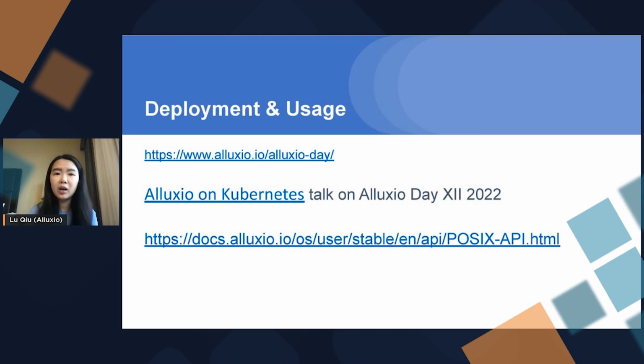There we have many talks about how to use the Alluxio POSIX API, how to deploy Alluxio on Kubernetes, and all the other related talks about how to accelerate your compute jobs, your ETL jobs, and your training jobs. For the POSIX API specifically, feel free to check the Alluxio POSIX API webpage. Just Google Alluxio POSIX API and you can find it.